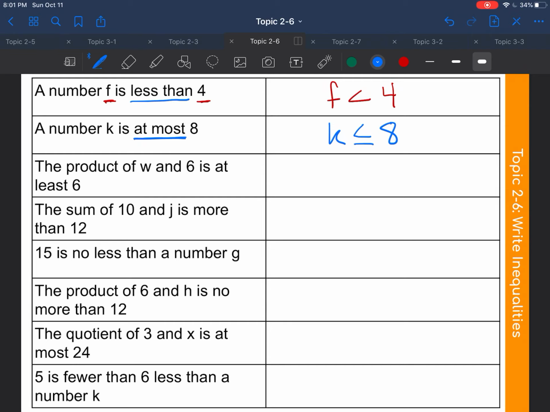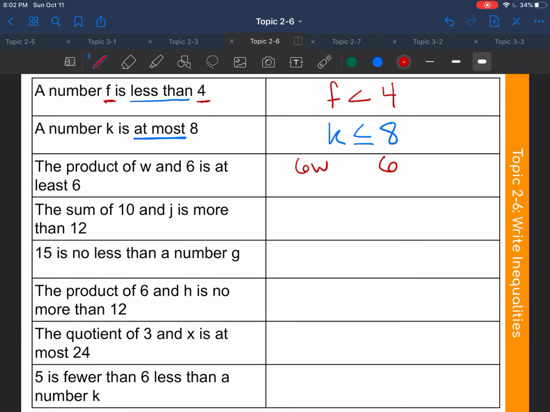Okay, the product of W and 6 is at least 6. So again, the product of W and 6, how we could write that could be 6 times W, like that. 6W is at least 6. So 6 is going to be on the other side. And we need to figure out what our inequality is in between.